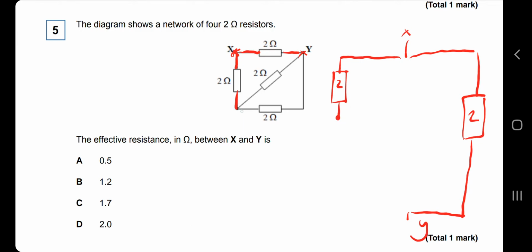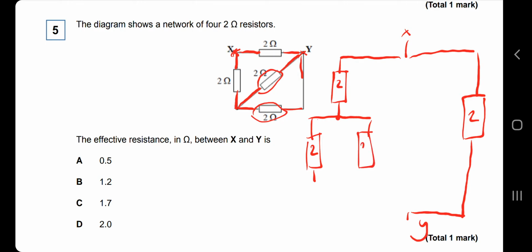Then at this junction, we split into 2 and we go through a 2-ohm resistor directly to Y. And the other direction goes through a 2-ohm resistor also directly to Y. So these two, this one and this one, are definitely in parallel with each other, like this. So 2-ohm resistor one way, and a 2-ohm resistor the other direction. They'll join back together, and both join to meet at Y.